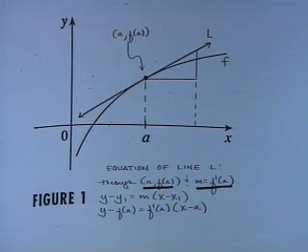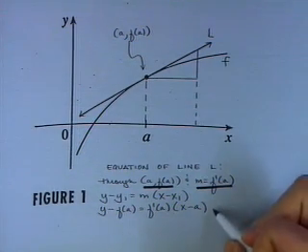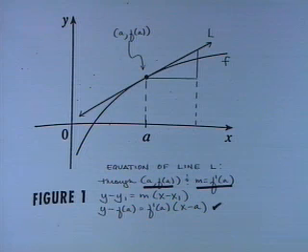So y minus the known y value, well, the known y value is f of A, equals the slope, well, the slope is f prime of A, times x minus the known x value, and the known x value is A. So this is basically point slope. The point is the point of tangency, the slope is the derivative.